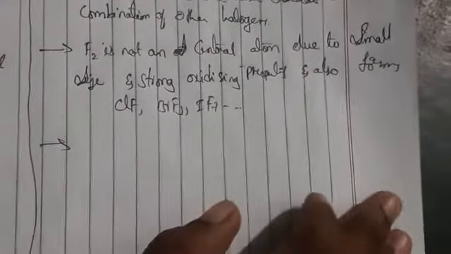Next, if the electronegativity difference between halogens is less, then which type of compounds are going to form?